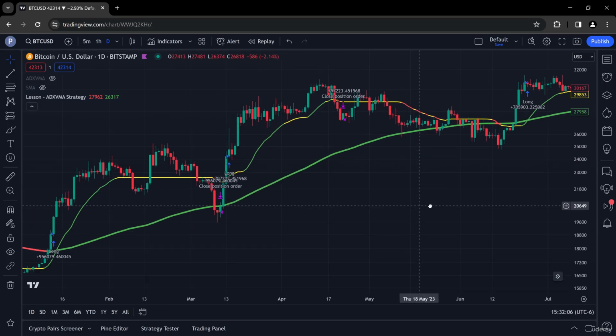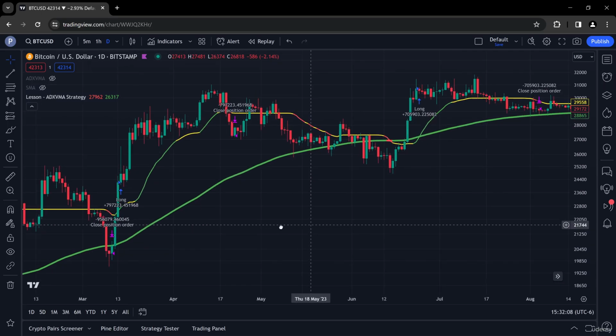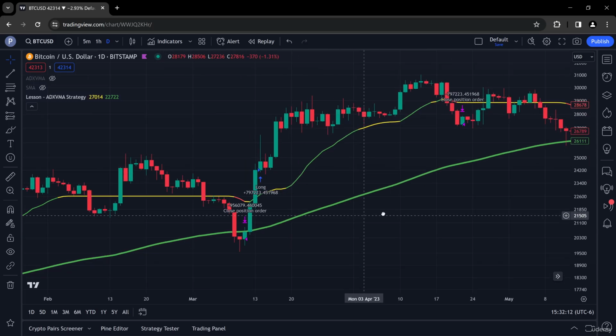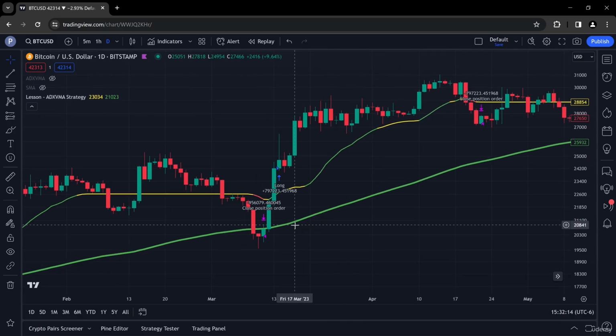So let's, for example, review this section. Because we have trend enabled, when the trend is going up, this green line, which is the trend MA in our trading strategy, is green, and when it's green, long trades are allowed.